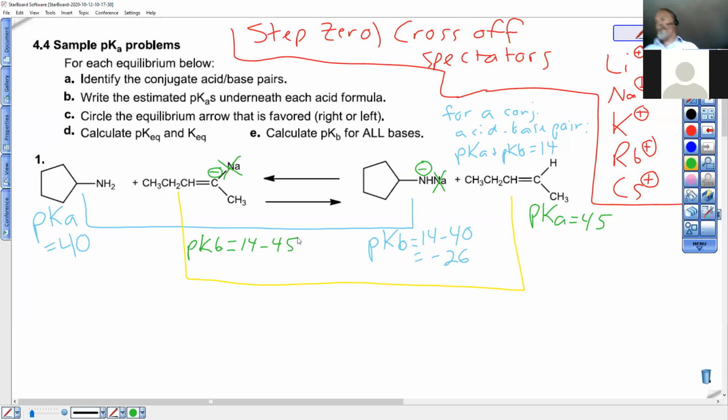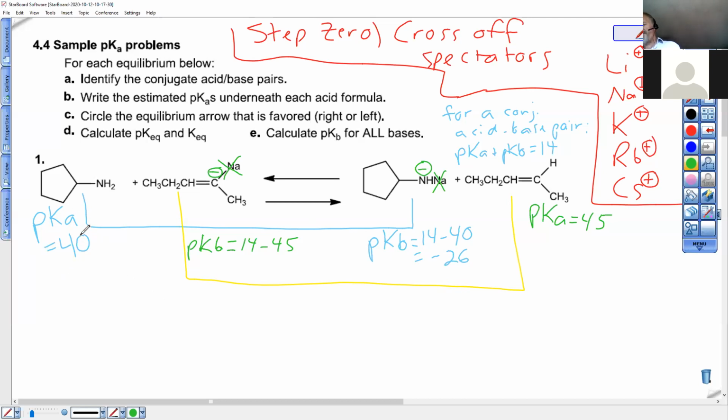We circled, oh, we did not circle the equilibrium arrow that is favored. That is the whole point of doing this, to figure out which way this equilibrium goes, right or left. And this equilibrium will go away from the stronger acid, towards the weaker acid.